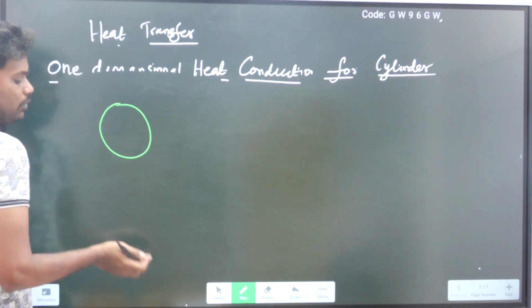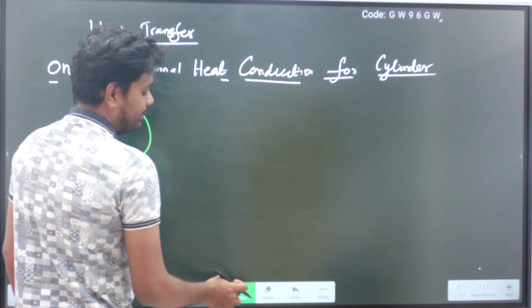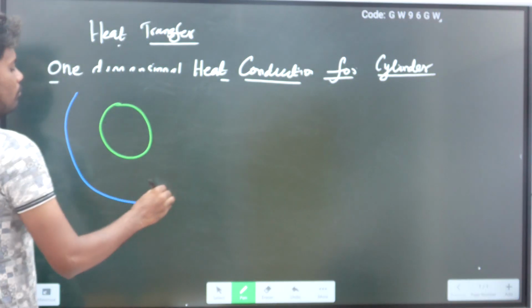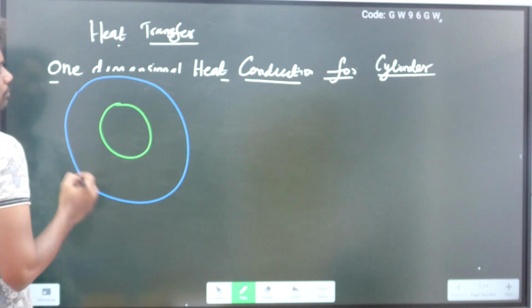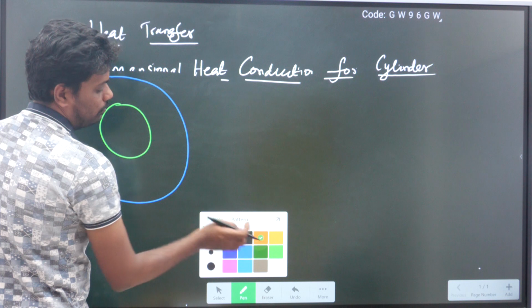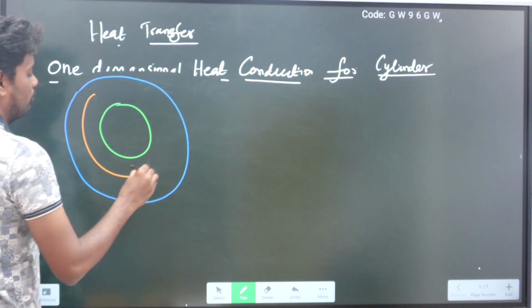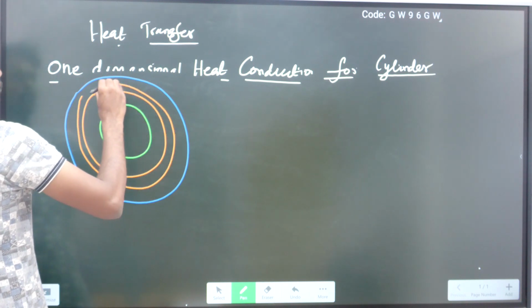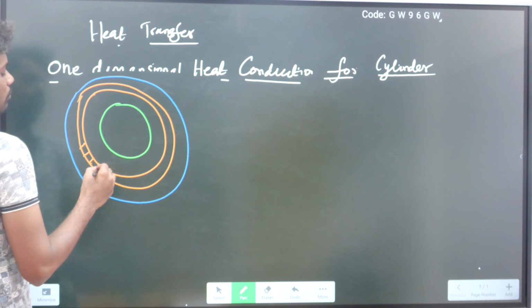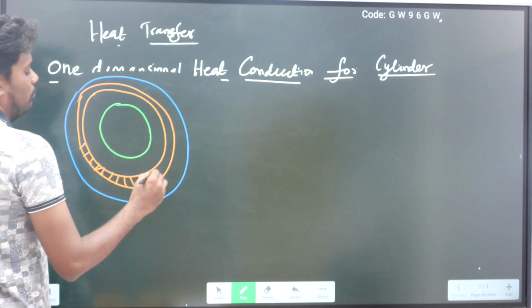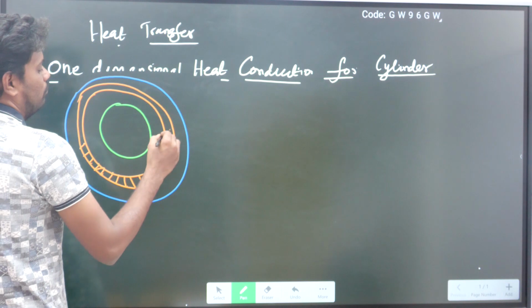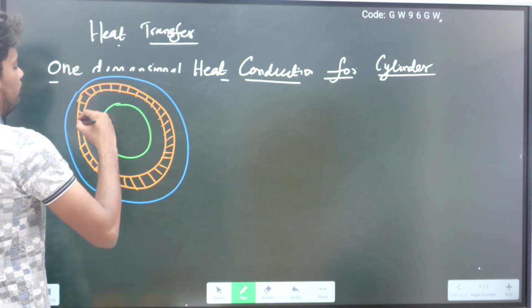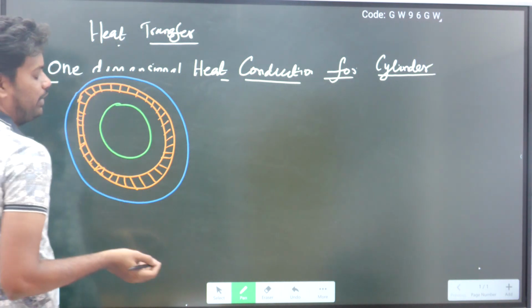It's a hollow cylinder, okay, having two radius. Fine.